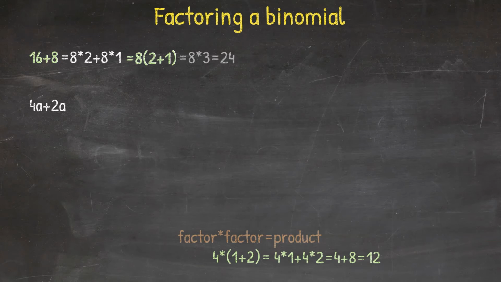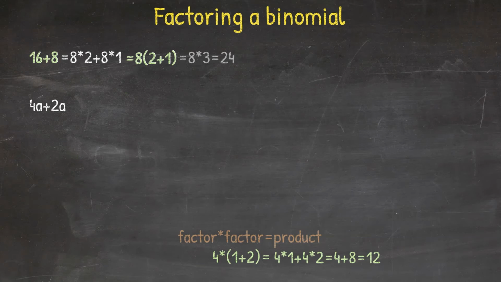This variable a, or the unknown a, is in both term 1 and term 2. Now let's focus on the second component of both terms, numbers 4 and 2. Since this is relatively easy to identify, we can see that both 4 and 2 share a common factor 2. So we can factor 4 into 2 times 2 and factor 2 in the second term into 2 times 1.